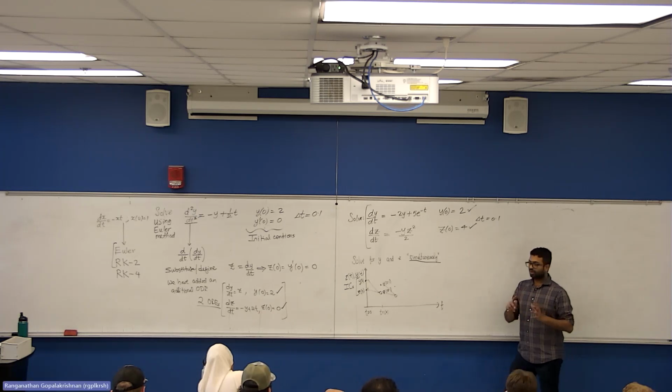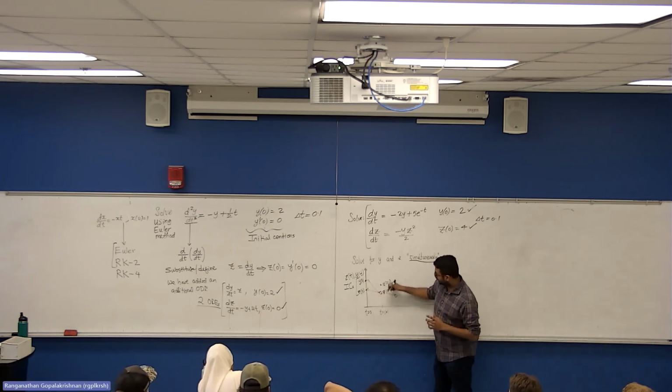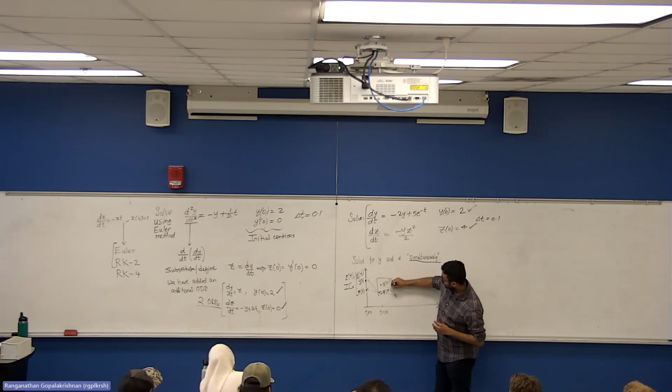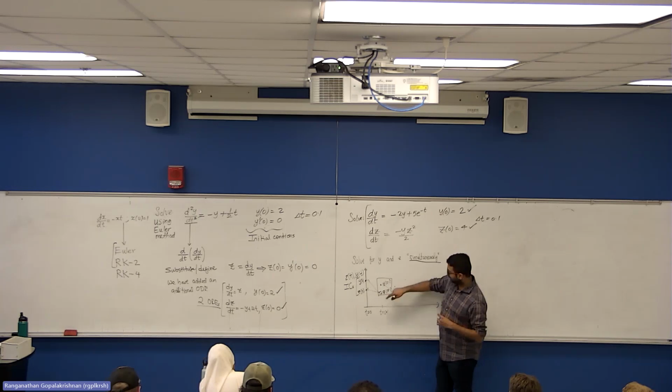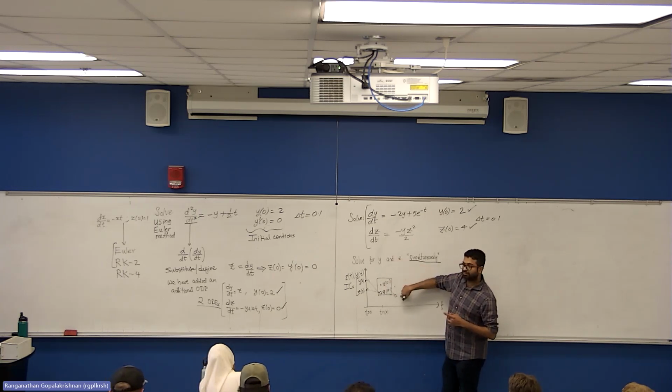That makes sense? At every time step, you have to solve for all the variables in your system. There could be 2, 3, 4, 20 variables, whatever the number of variables are. You should update all of them before you move to the next step. That's what simultaneously means.